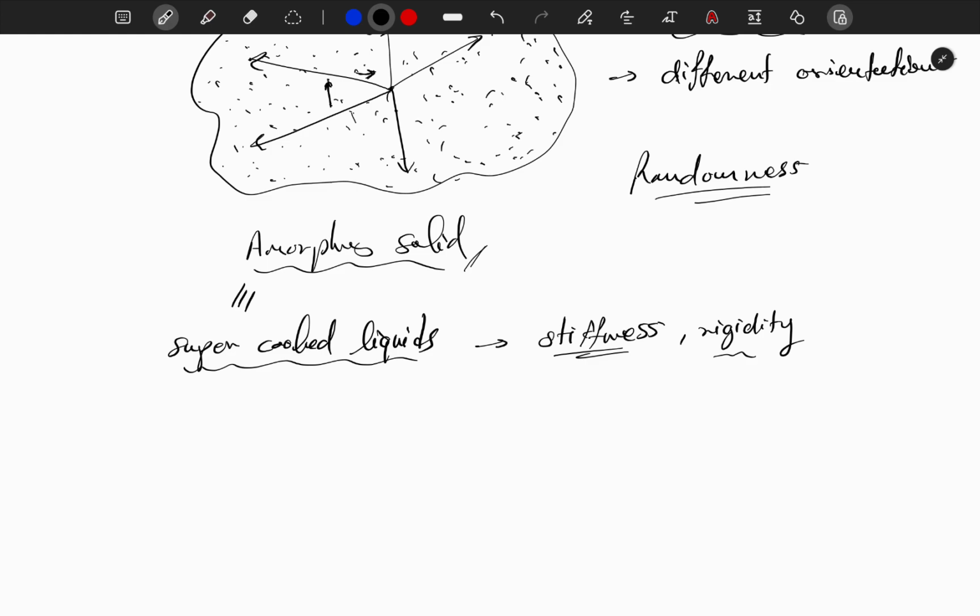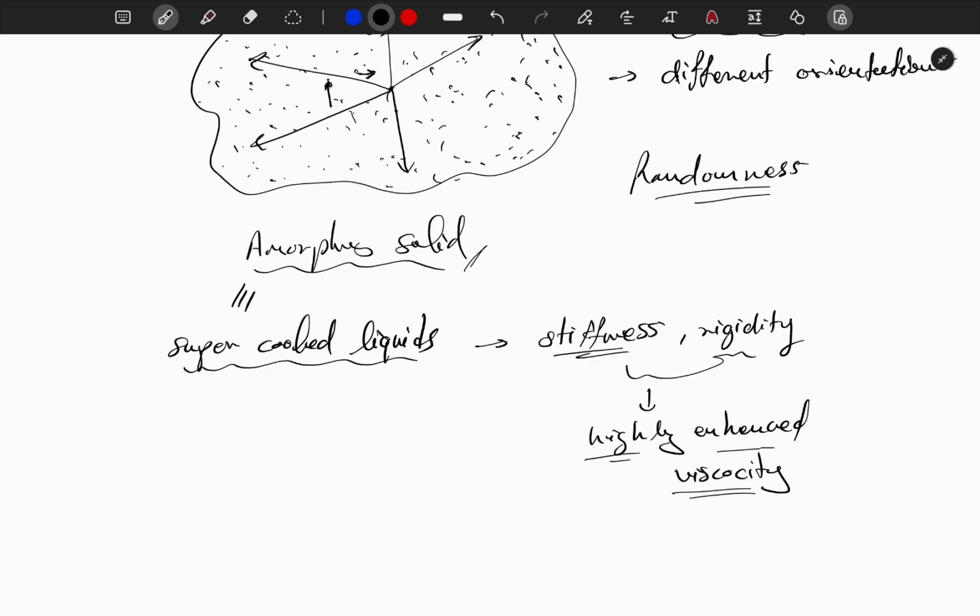They can be regarded as super cooled liquids, but opposite to liquids, they have stiffness and rigidity due to their highly enhanced viscosity. Highly enhanced viscosity is the reason behind their stiffness and rigidity.